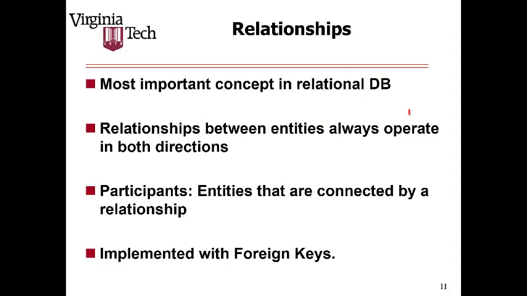Well, relationships are definitely the most important idea in a relational database. And we already talked about how keys and foreign keys are the way relationships are implemented. So this is one of the critical ideas of ER modeling, because in my ER model, I really only want to see two things: entities and relationships among entities.